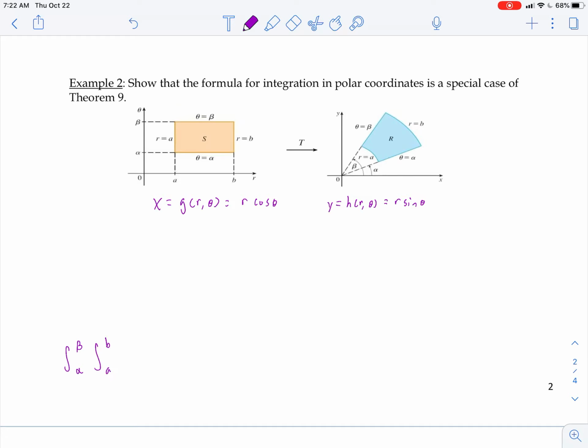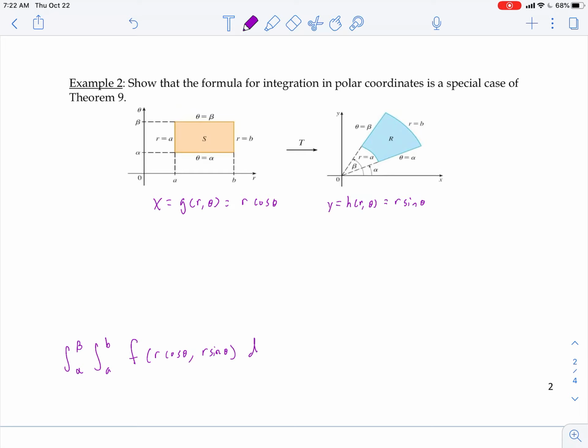Then we have our function, and instead of f of x, y, we say f of r cosine theta for x and r sine theta for y.